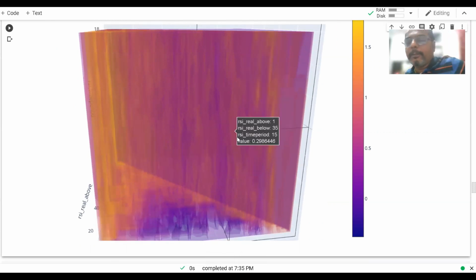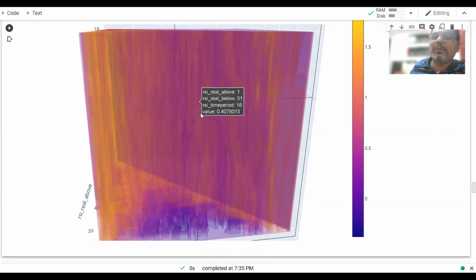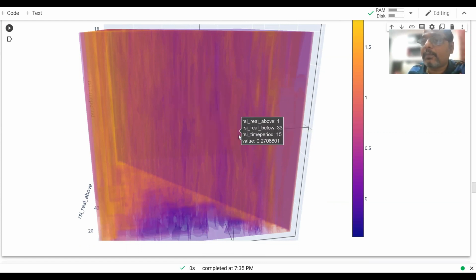So don't worry about the RSI parameterization. You could use RSI 15, somebody using 14, it really doesn't matter. Very, very important learning, right? And we are taking this learning after looking at more than 4 million different transactions across 45 different stocks.